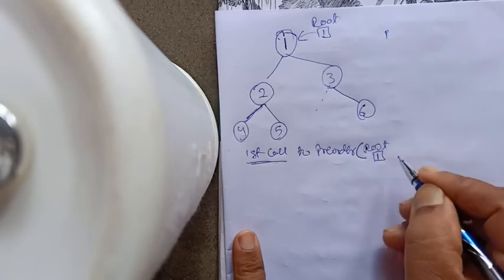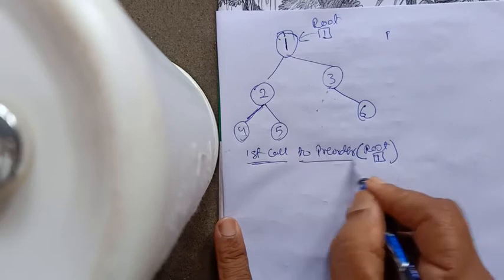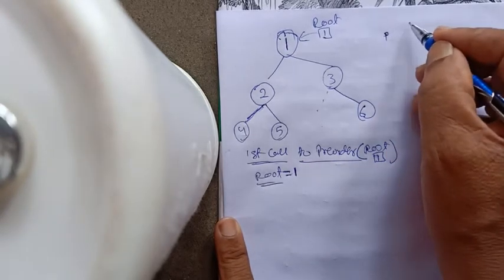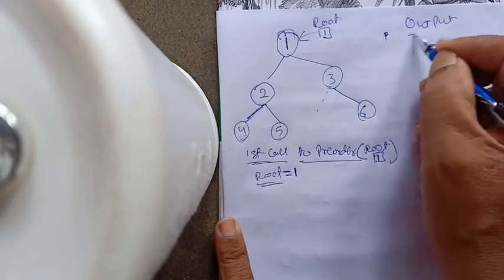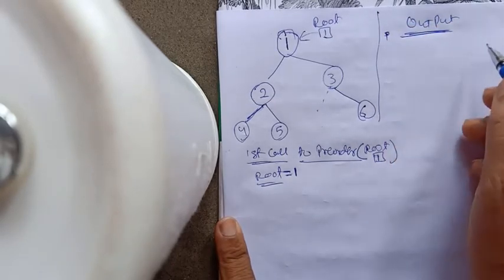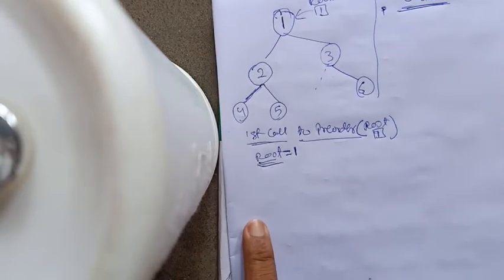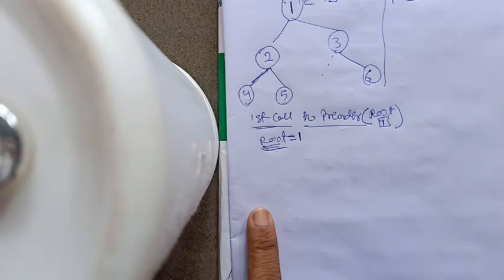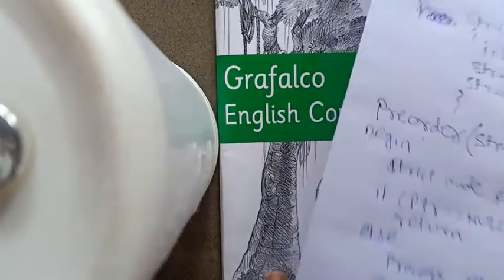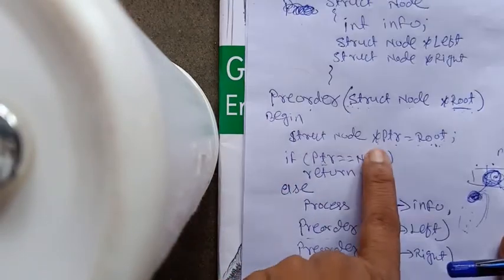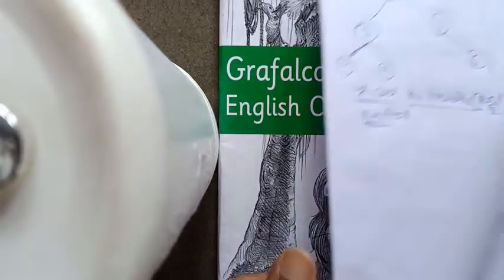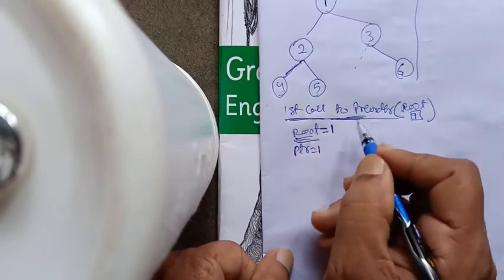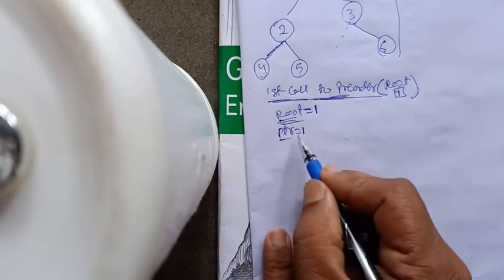What will be the value of root? First call means root equals 1. Here I will write output, meaning how the program will produce it. So root equals 1. Now in the steps of my algorithm, in the first step, we have assigned ptr equal to root. So now ptr is equal to 1. This is the first call to the pre-order function. So ptr now becomes 1.